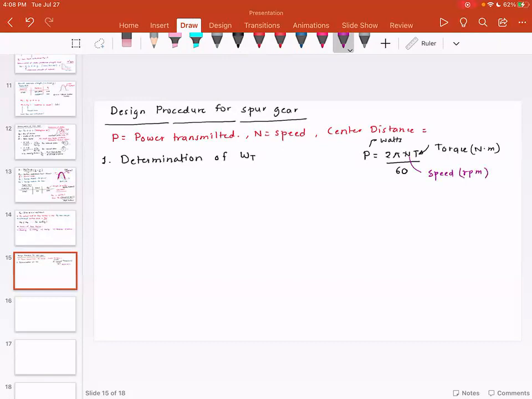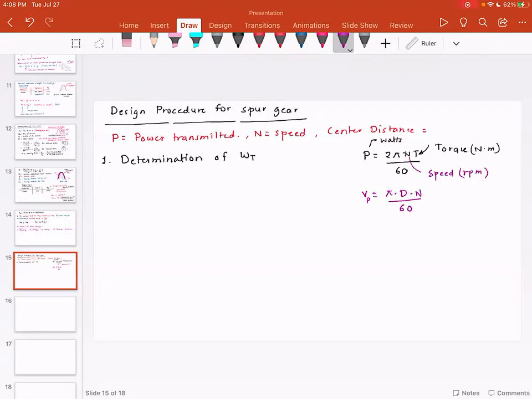So we can start with this equation. The other equation is V, which is the pitch line velocity, which is pi times the diameter of the gear multiplied by N divided by 60.